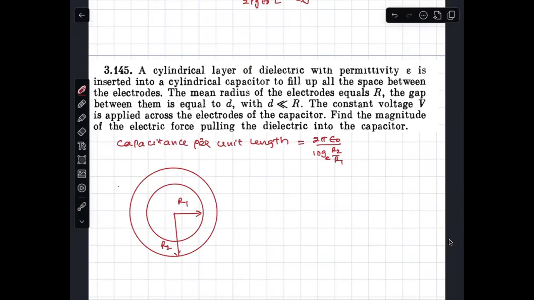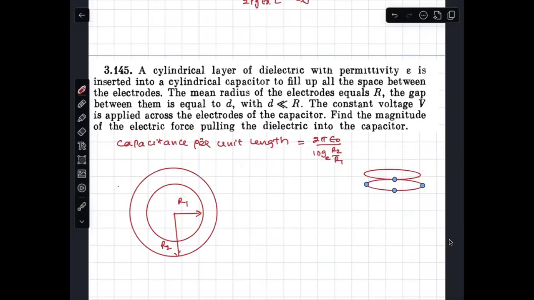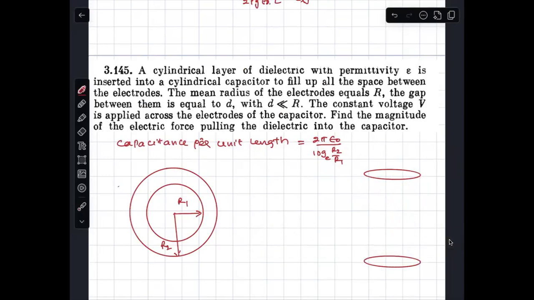The mean radius of the dielectric, right? Now this is from the top view. Actually, from the side view, what is happening, you know? This is the side view.